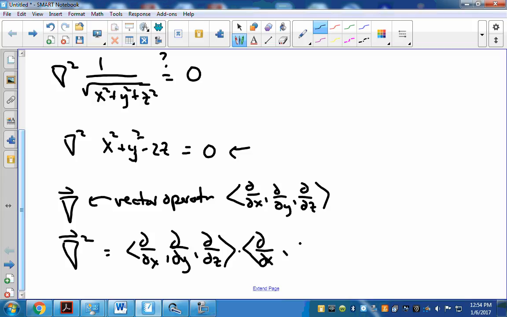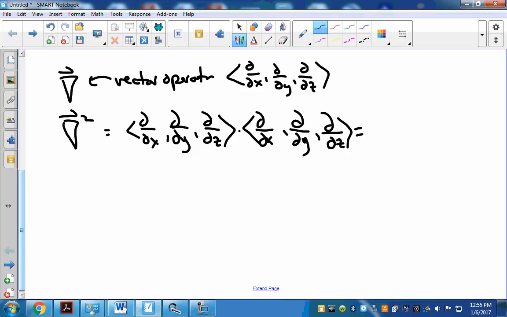Well, none of these are real vectors, but we're sort of thinking like they were, and now we're thinking dot product. And just remember how dot product worked. You multiplied these two together, and then you multiplied these two together, and you multiplied these two together, and you added them all up. So that's sort of where this notation comes from.